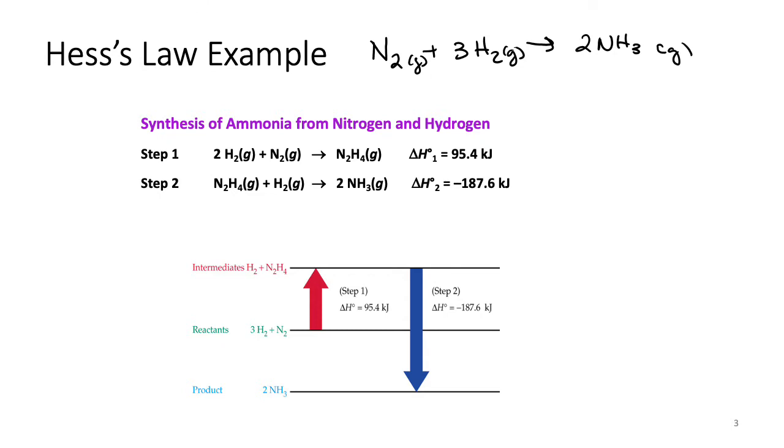So this equation here, the one on the top, is the one that I need to match. So I need my reactants to be on the reactant side. I need my products to be on the product side. And if they are not, I have to work with my equation. So if things are on the left and they need to be on the right, I have to flip my equation.